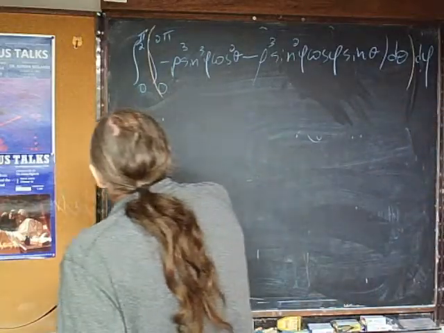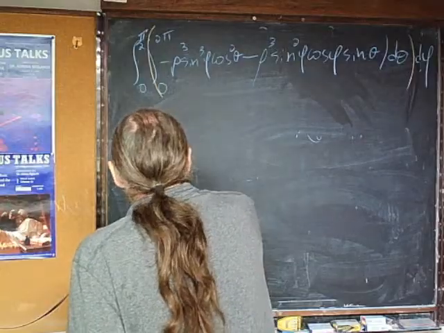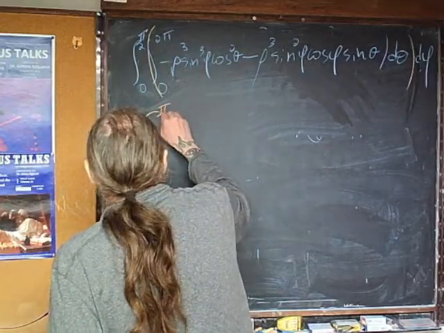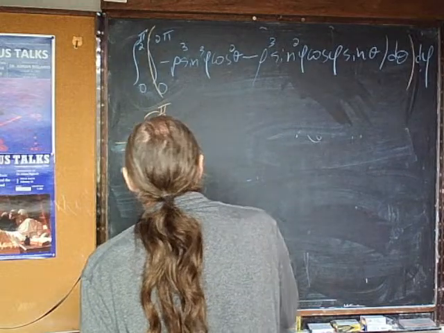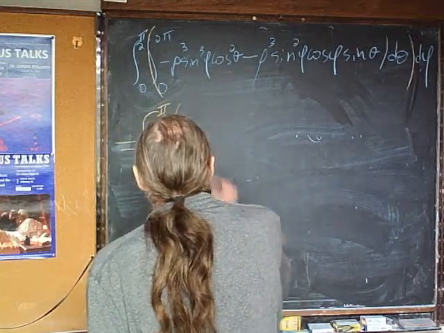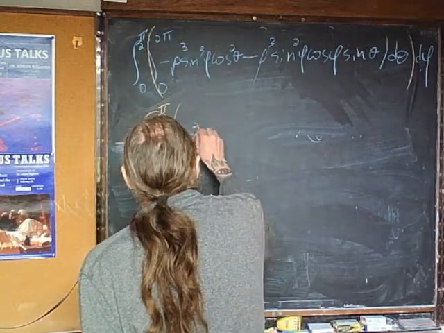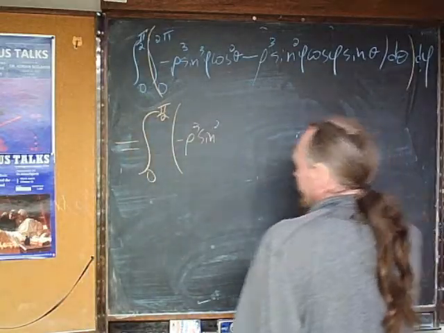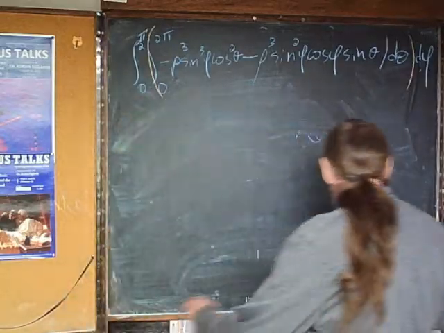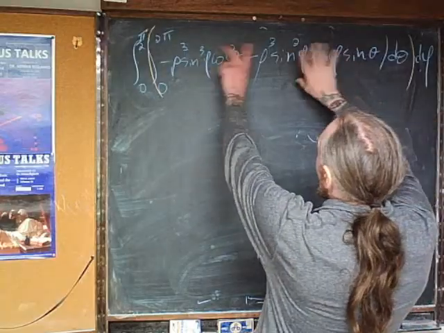Which is equal to, so now what we're doing is we're holding phi constant. So we can split this up. This is going to be negative rho cubed sine squared. We can even do this because it's Fubini and these functions can be separated.